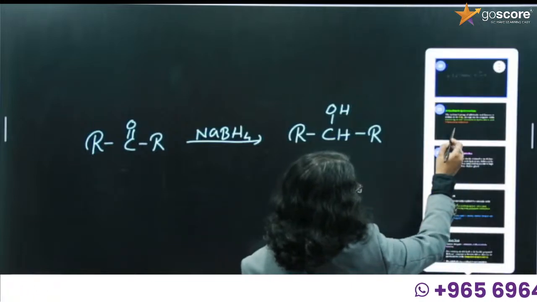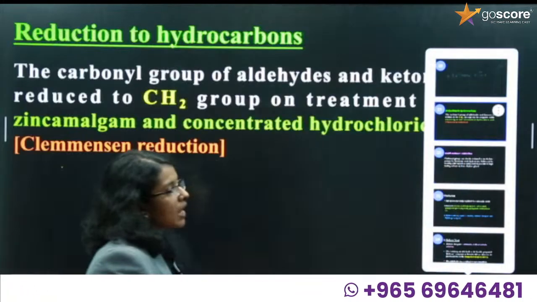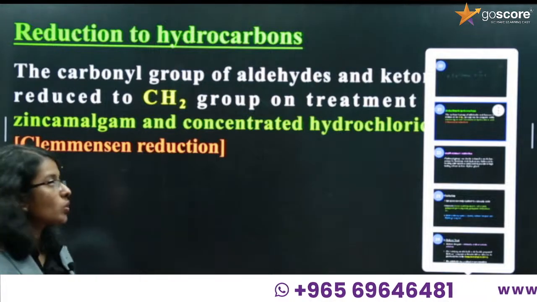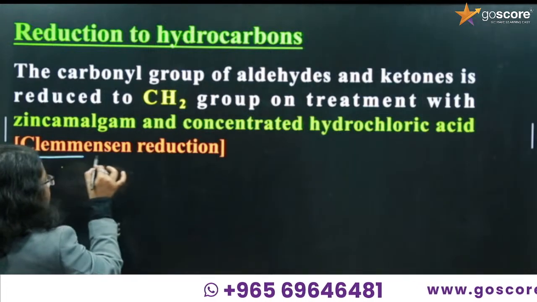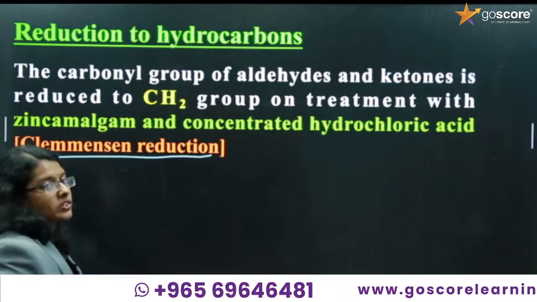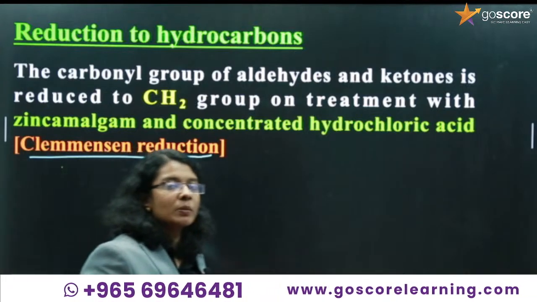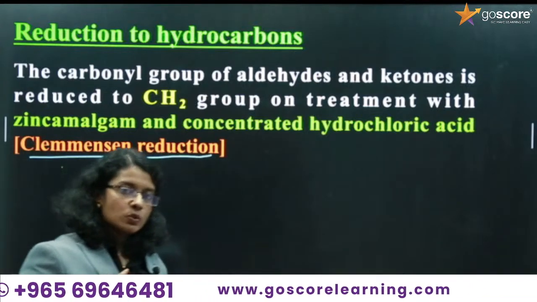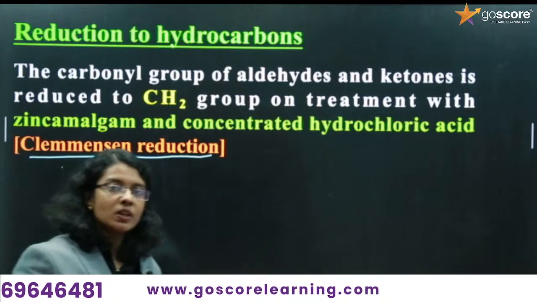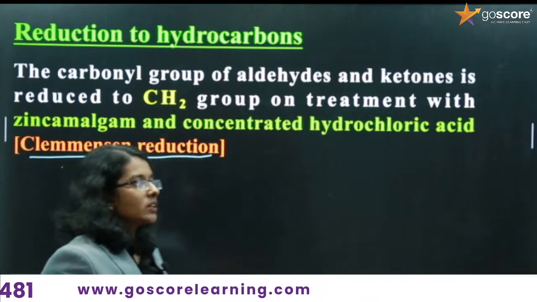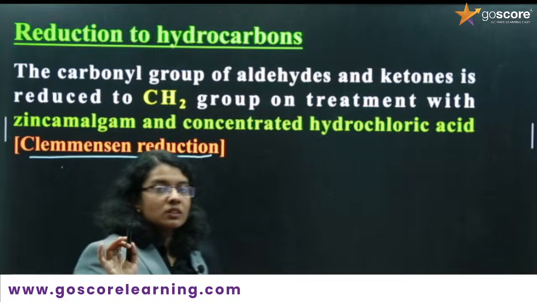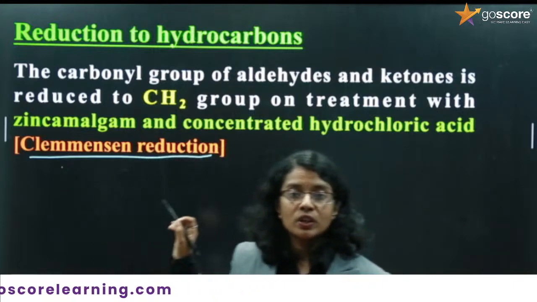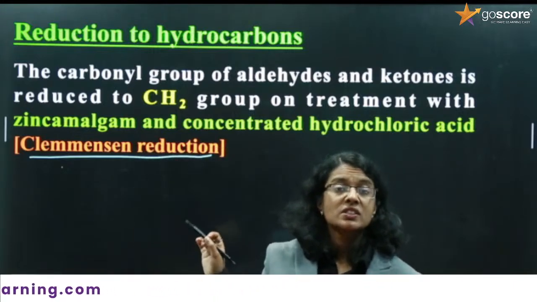Next we are discussing reduction to hydrocarbon. This is an important reaction, the named reaction Clemmensen reduction. The first one is Clemmensen reduction and the second one is Wolff-Kishner reduction. Here the carbonyl compound is converted to hydrocarbon, that is a CH2 group.